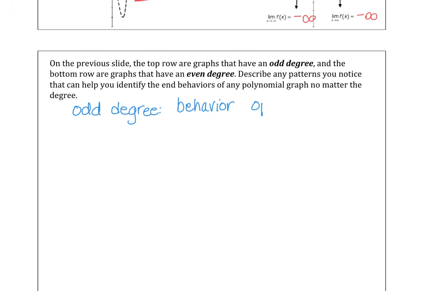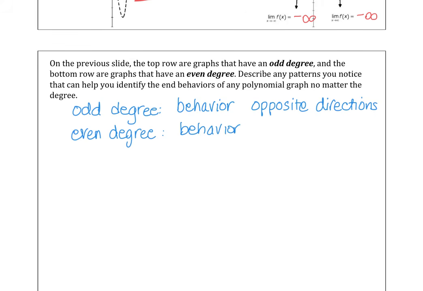We have opposite directions. And then what happens if you have an even degree as your leading term, the behavior that you notice is the same directions.